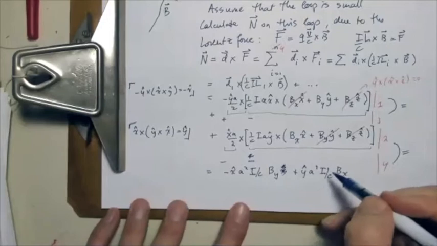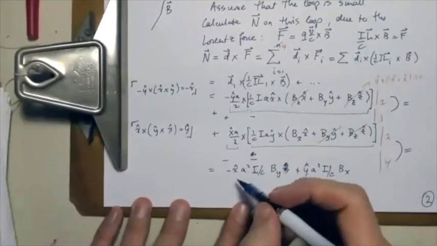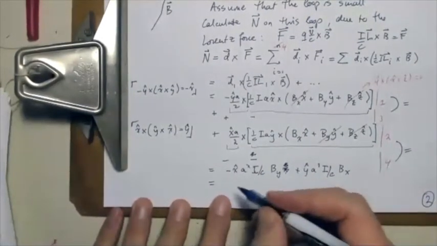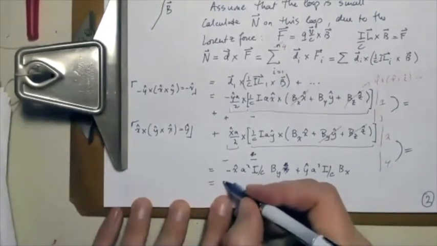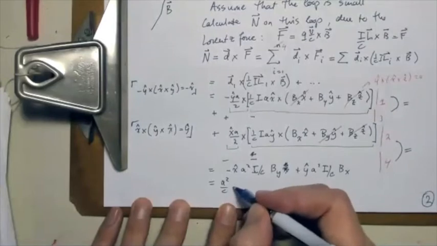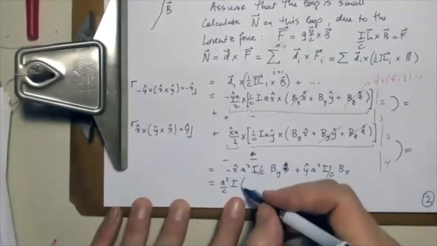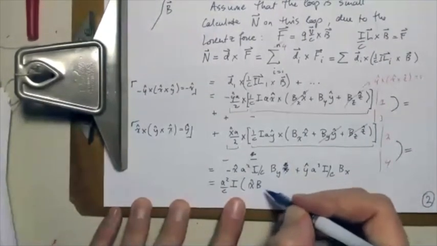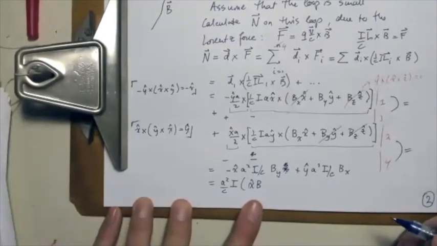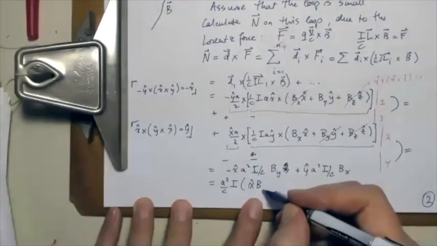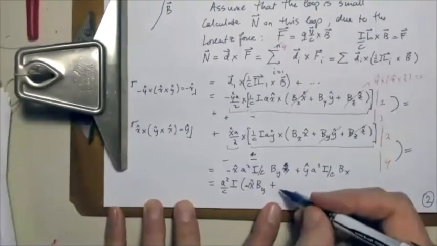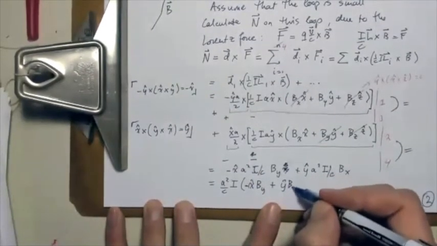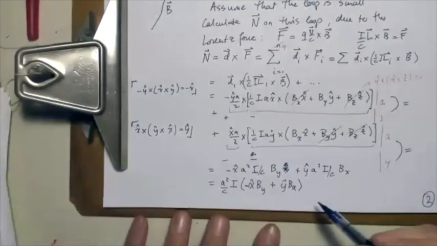Yes. Okay, so what it says here is a squared over C times I, and then x hat by minus x hat by plus y hat bx. All right.